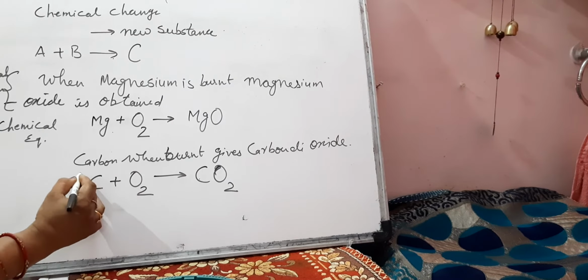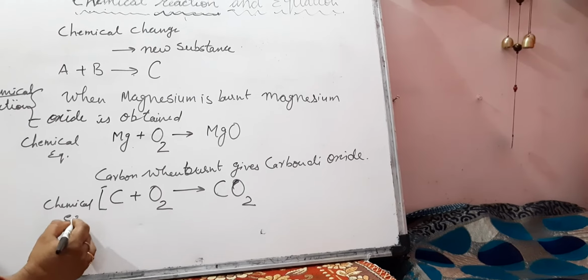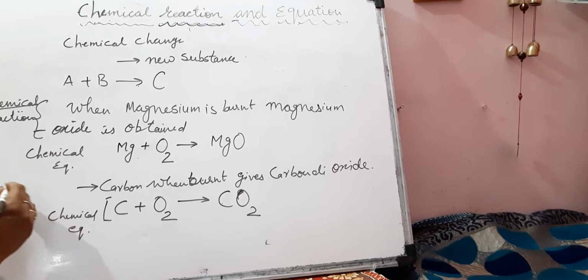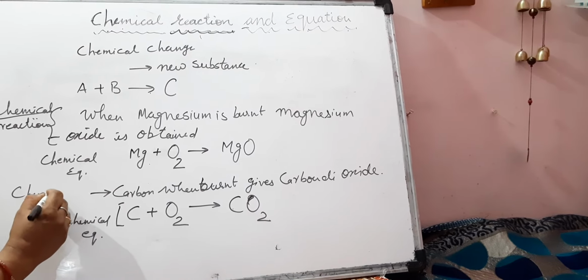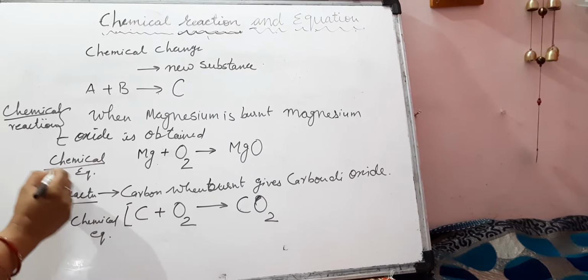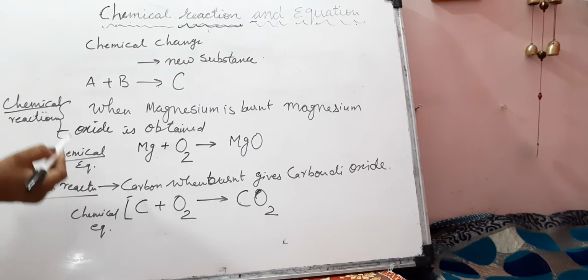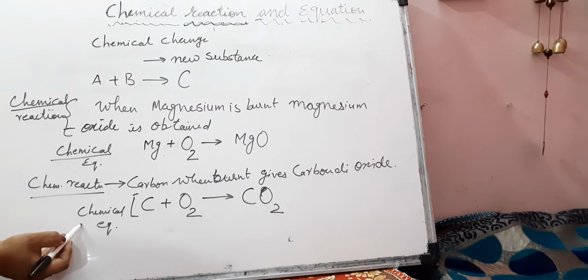So this is chemical equation and this is chemical reaction. I think it is clear to you what is the difference between chemical reaction and chemical equation.